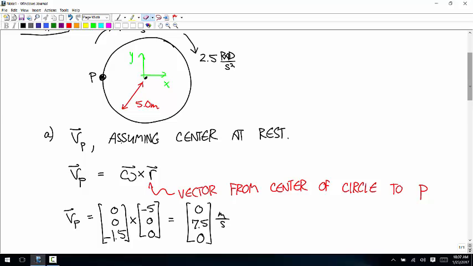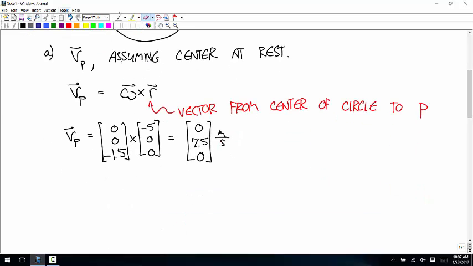So the rules for a right-handed coordinate system, which is every coordinate system we're going to use, is if you take the cross product of x and y, it gives you z. If you take the cross product of x and z, it gives you negative y, because y always has to be the weird one.